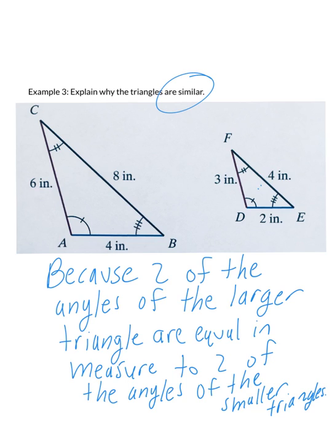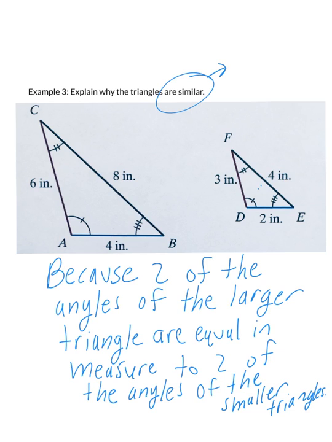Well, if you think back to the beginning of this video, we talked about if you were to add up all three angles of any triangle in the world, it would equal 180 degrees. So if you know for sure that two angles are equal between two triangles, it implies that the third angle is also equal.